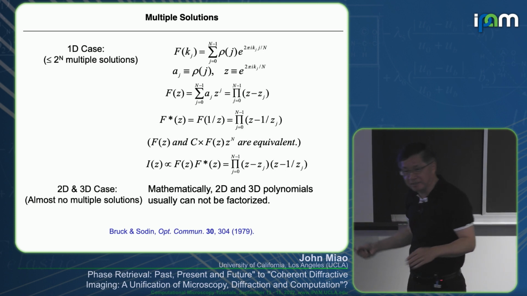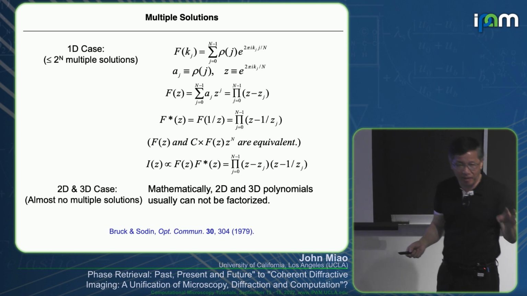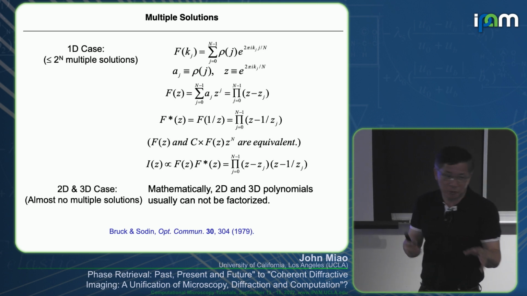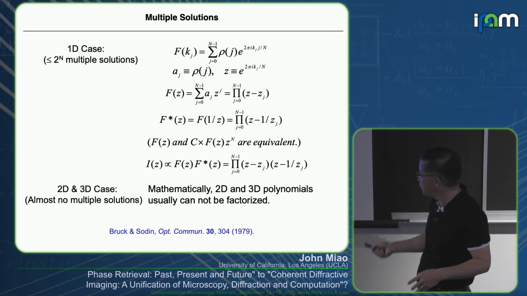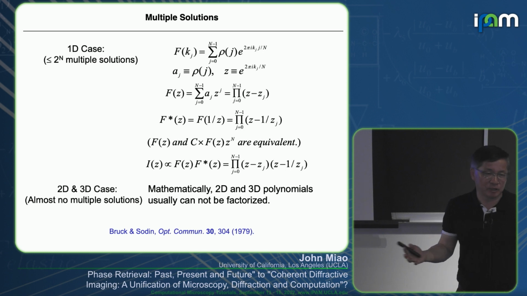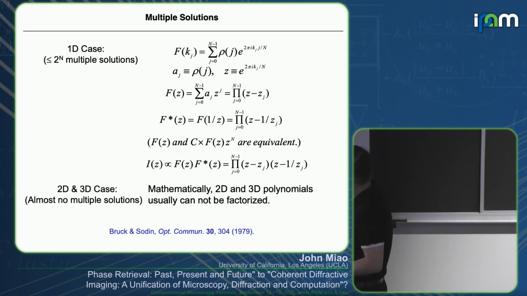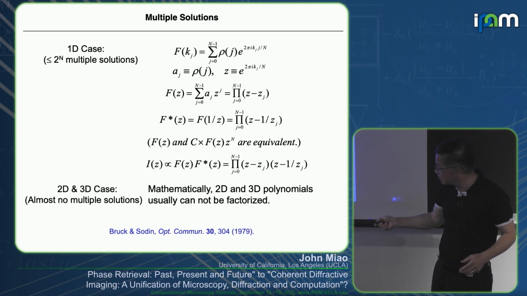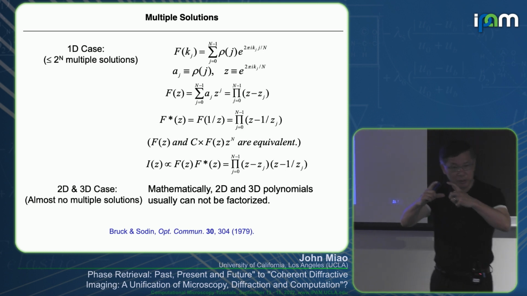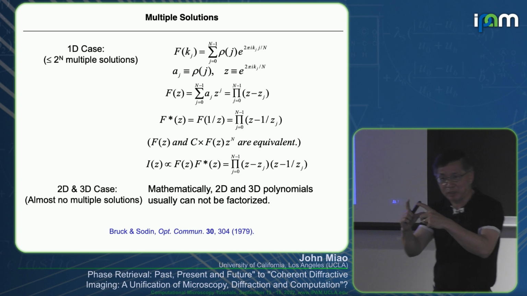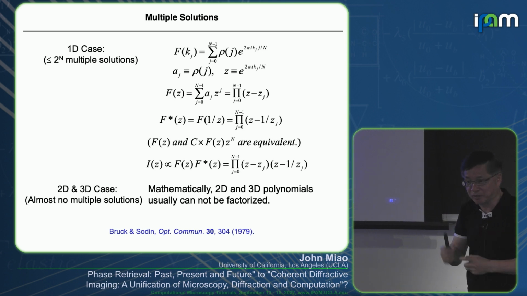But for 2D and 3D, in that paper, they show this is pathologically rare. For two-dimensional and 3D polynomials, factorization is almost pathologically rare. There's still the possibility of some special symmetry, a very symmetrical object, very special samples.